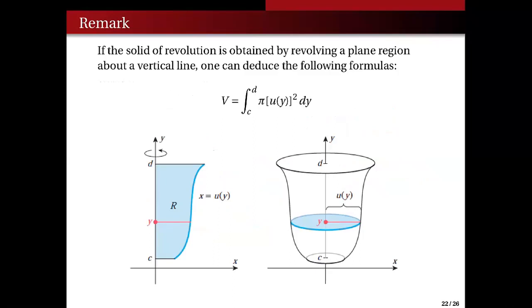So you will have this. Okay, this is for your disk method. So this is your region, the axis of revolution, it's this line here. So when you revolve this strip here, this strip will create this horizontal disk.